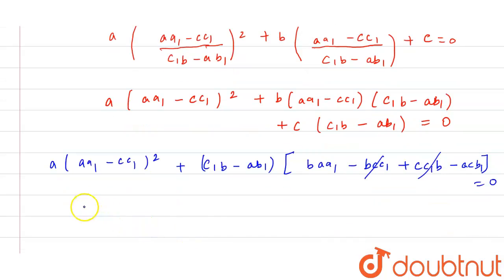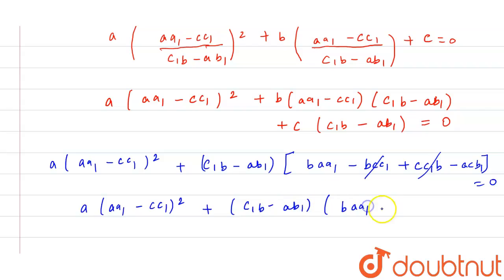So we get a(a1 minus c1) whole square plus (c1b minus ab1) times (ba1 minus acb1) equals 0.